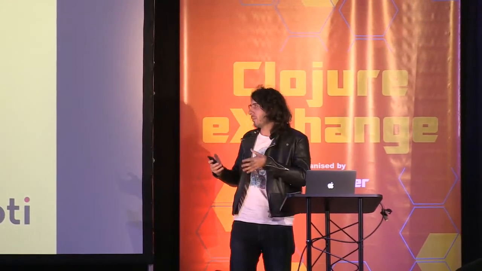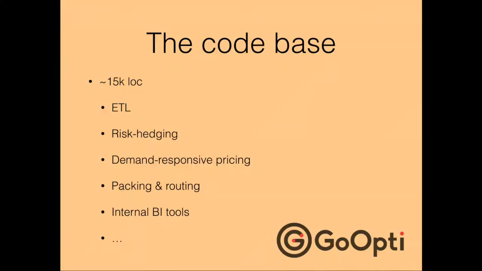Also some internal BI tools, but those are in the minority. So it's not really a web app or something like that, but a very old school data crunching kind of thing.